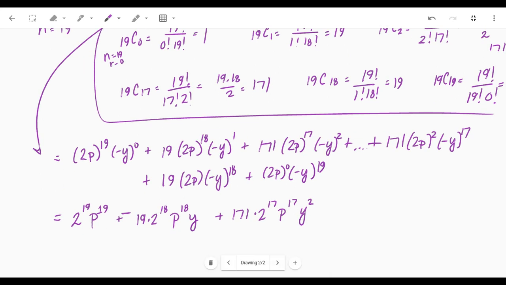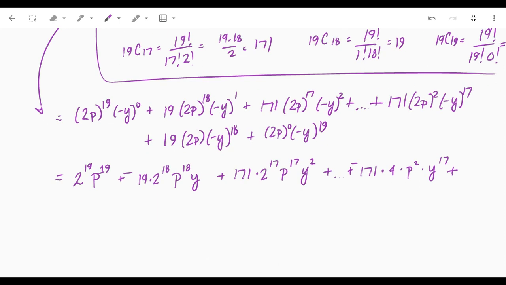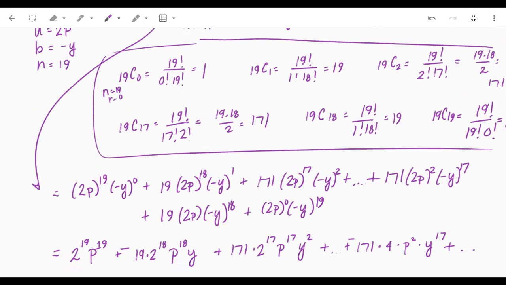And then I could keep going. 171 times 2 squared, so I could even just do times 4, times p squared, times, I'm going to change that, y^17, and make the whole thing negative. And then I could keep going with that too. All right. So that's a basic idea.